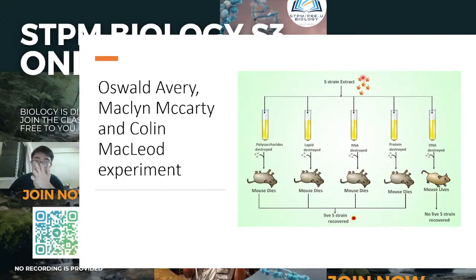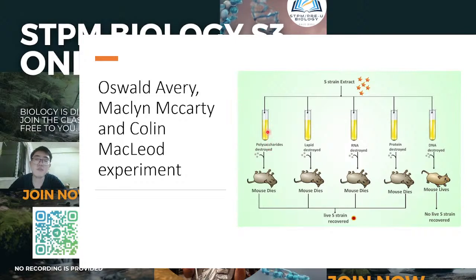Before injection, it cultured the bacteria and did centrifugation, because it was already found that there is one heritable material, but what material, he didn't know. So these three scientists used a reduction method, one by one.